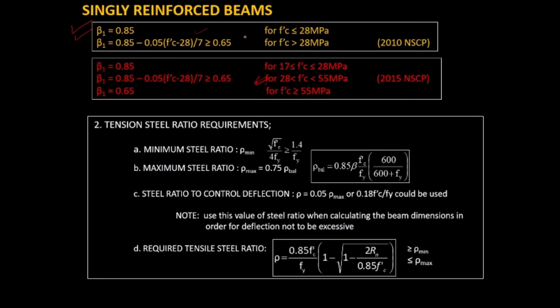Dito, papalitan lang natin ng 30. Dito may limit to 55. Convert nyo ito sa ksi or psi kung ilang psi ang limit. Usually ang 55 megapascal pang high-rise building na yan.